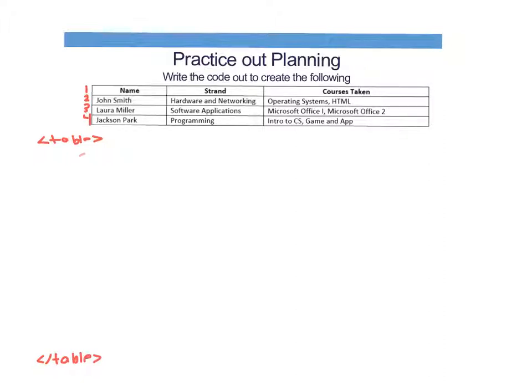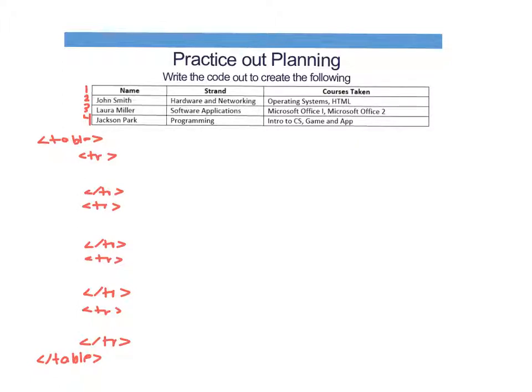So I'm going to do, okay, there's row 1, there's row 2, there's row 3, and there is row 4.